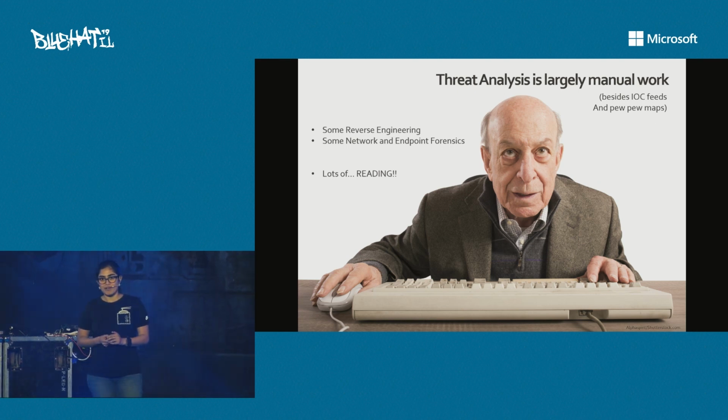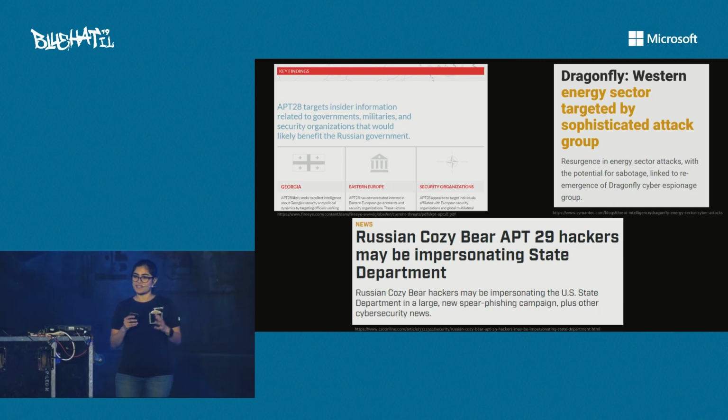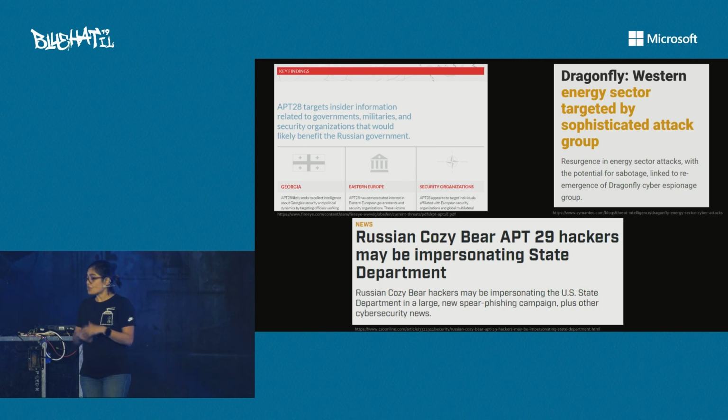Let me show you an example of the kind of workflow they follow. Maybe you're an analyst who works for an org that's concerned about attacks from an Eastern European country. So you go out and start to do some reading. Maybe you learn about these 3 attackers, APT 28 and 29, which have been active since 2007 and 8, and then Dragonfly, which is newer, circa 2011. And you read up about their tools, tactics, and procedures.